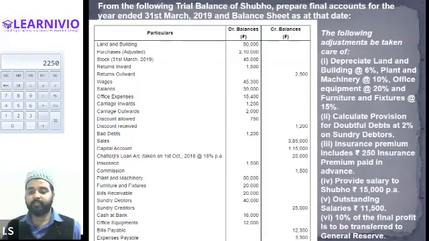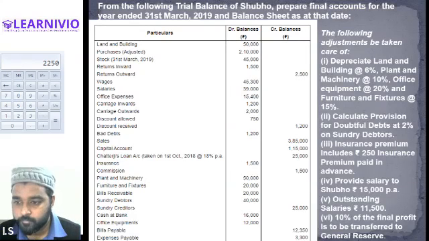We will reduce 10% from the plant and machinery, write down the remaining value in the balance sheet on the asset side, and we will write down the value of the depreciation in the profit and loss account on the debit side. Tell me if it is clear or not. Halima, Steve, Alexander, is this clear? Clear.